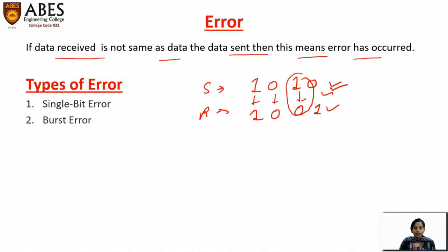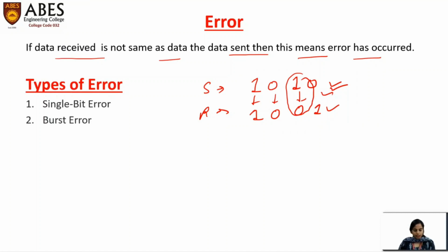The errors caused because of transmission are called transmission errors. If we want reliable communication, these errors caused in between must be detected and corrected.